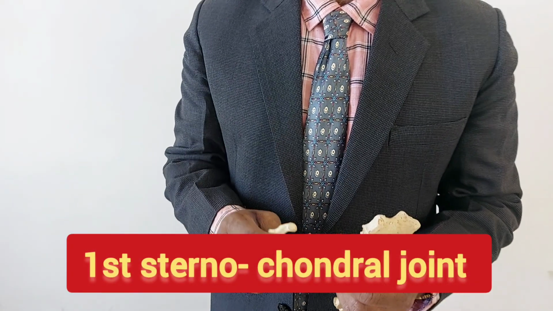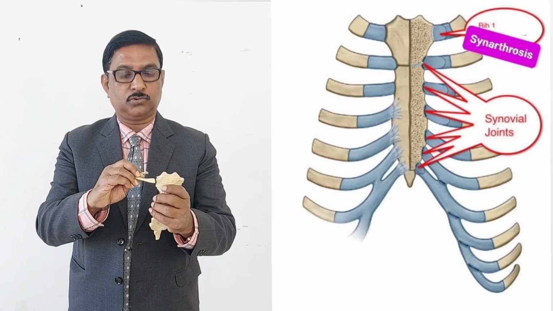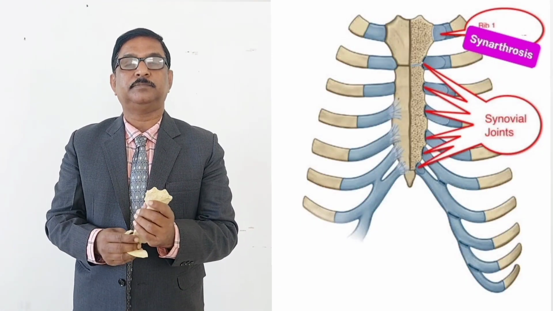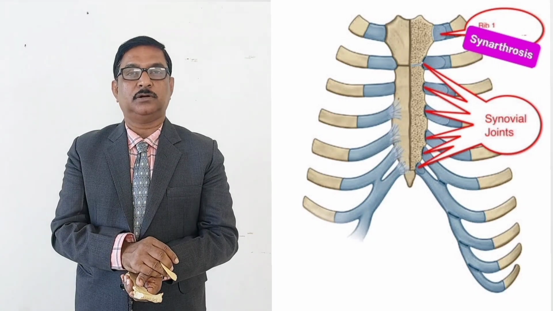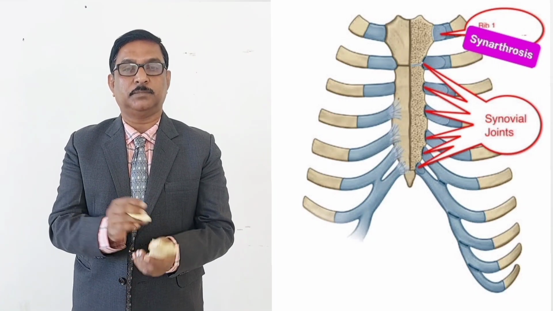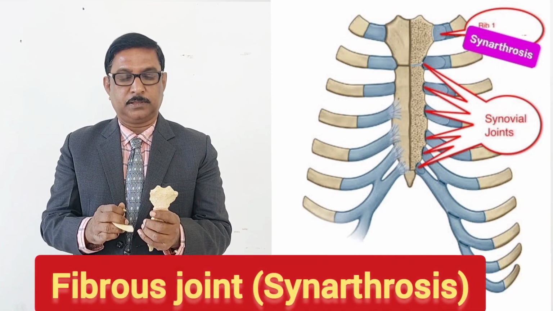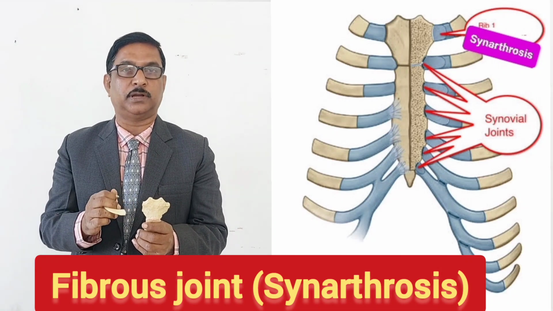In many books, you will get that the first sternochondral or costosternal joint is a primary cartilaginous joint or synchondrosis, but it is actually a fibrous joint, a synarthrosis, and this reference you will get from the 41st edition of Gray's Anatomy. Though conventionally known as a primary cartilaginous joint, it is a synarthrosis fibrous joint.